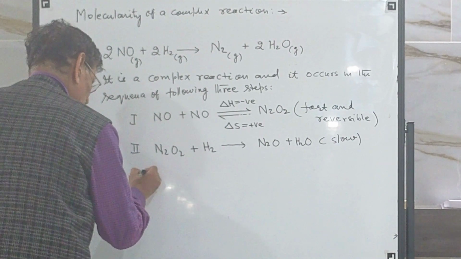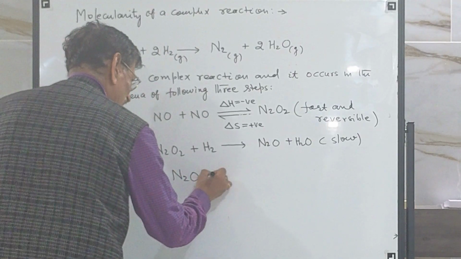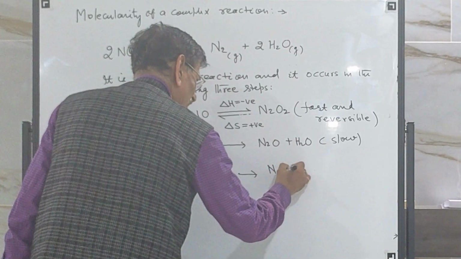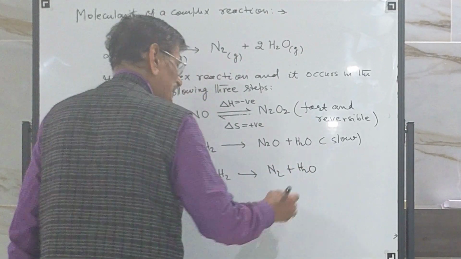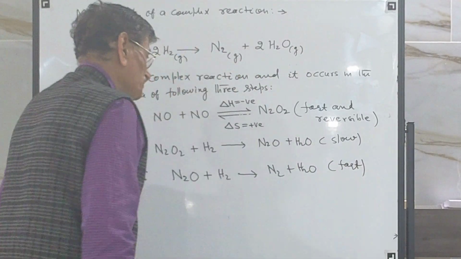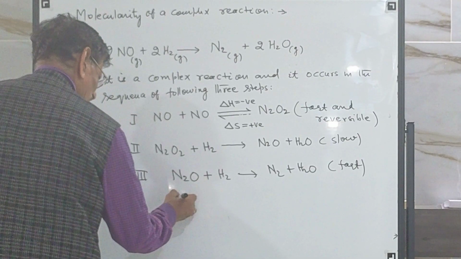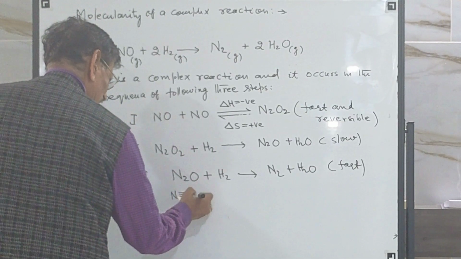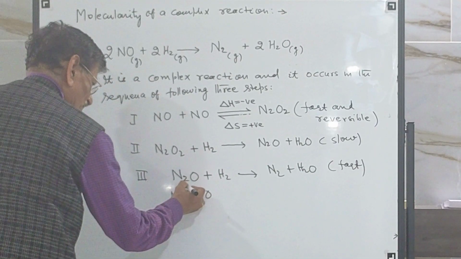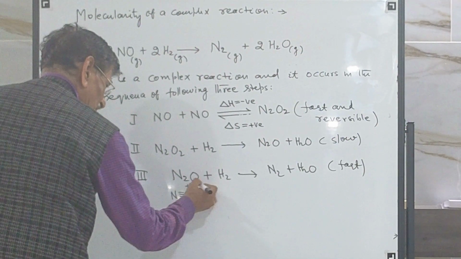And the third one is N2O plus H2 giving N2 plus H2O. This step is also a very fast step. Why is this fast? Because N2O has this kind of structure, N triple bond N, coordinate bond O. N is positive because N is the electron pair donor, and O is negative.